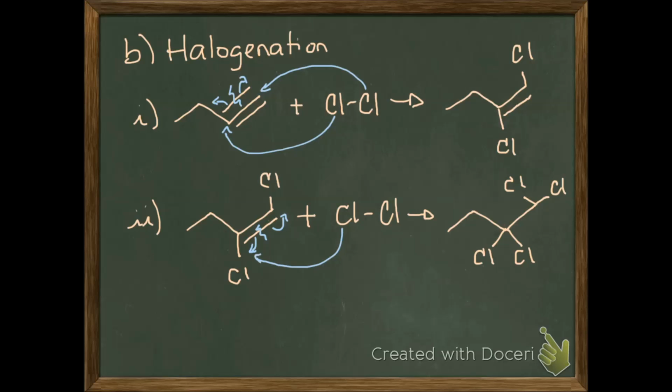One of the chlorines comes here and the other chlorine comes here. We can also call the first one the partial halogenation of an alkyne. This is partial.